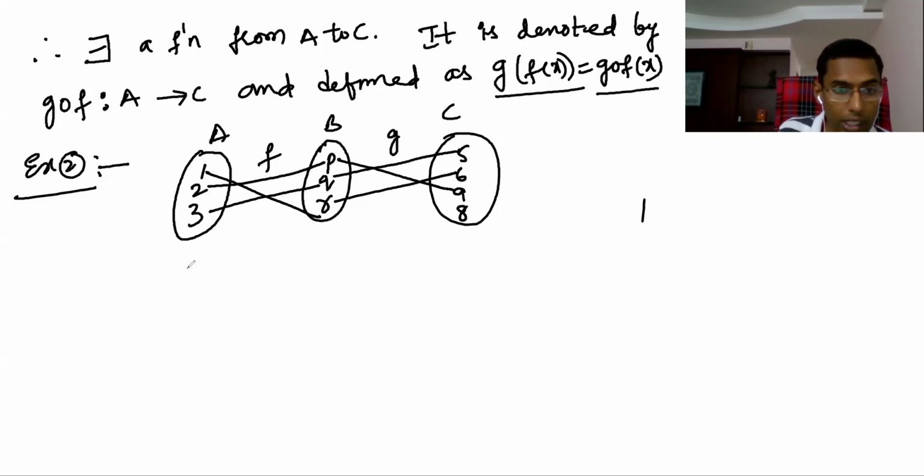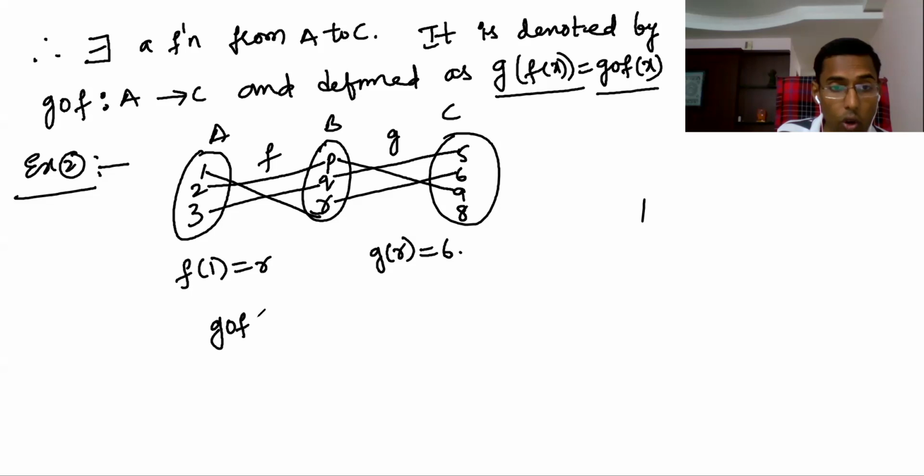Now very clearly F of 1 is R. The image of 1 is R, and G of R is 6. Now what can I write? G circle F of 1.